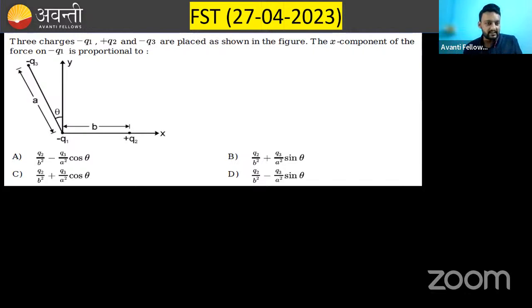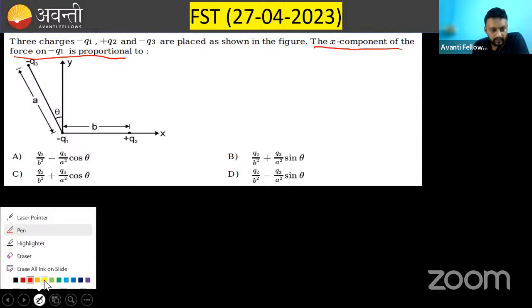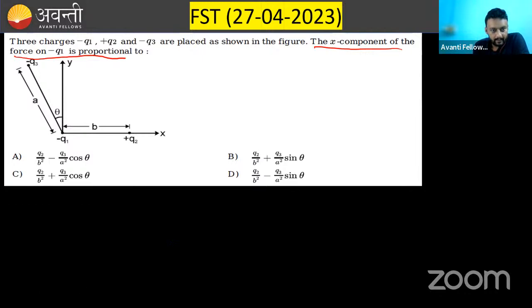There are 3 charges. You can see the diagram directly. The X component they are asking. The X component of the force on Q1 is proportional to... Very simple. If I can draw this diagram here, this is our x-axis, this is our y-axis, and this is some another charge Q3.